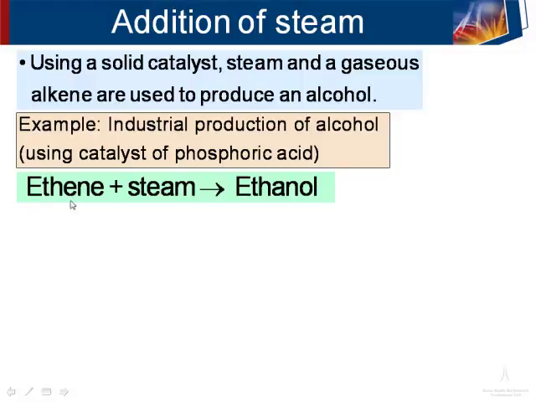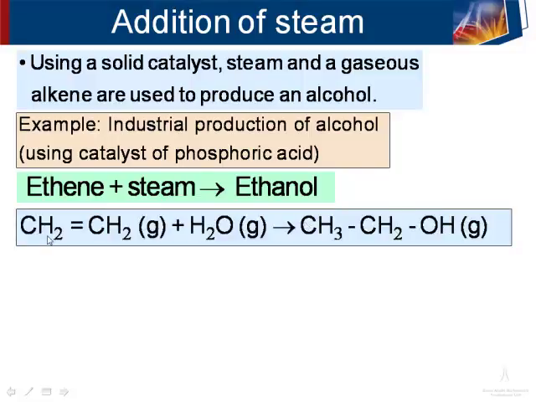For example, ethene plus steam would give us a product of ethanol. Let's have a look at the equation. There's ethene as a gas and water as a gas, steam, and what happens is we produce ethanol, the hydroxyl group added on to one of the carbons and the hydrogen added to the other carbon.